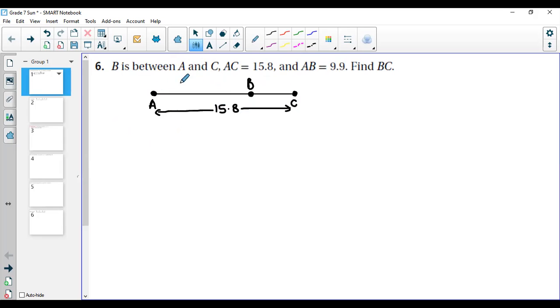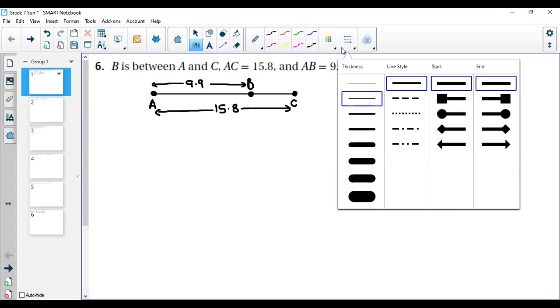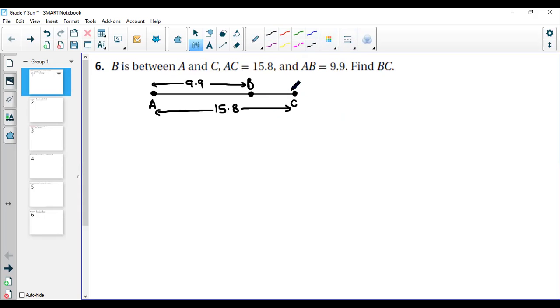So from A to B, this whole length is 9.9. Let's find BC. We don't know what BC is, so let's name it as X. Or if you want to name it as Y or D or B, whatever you want. Okay, this is our picture.